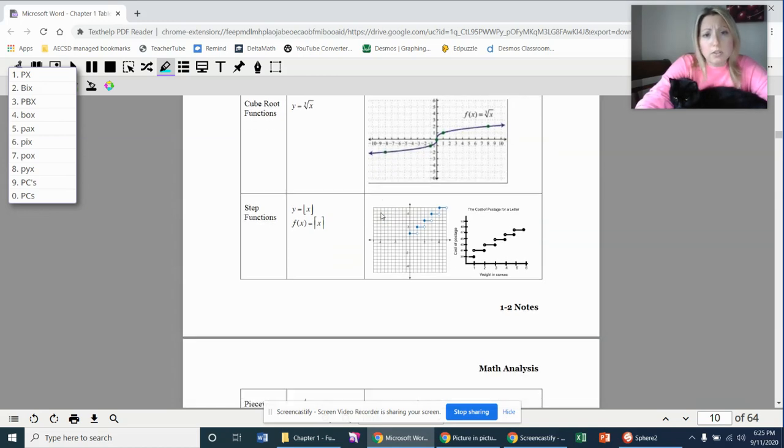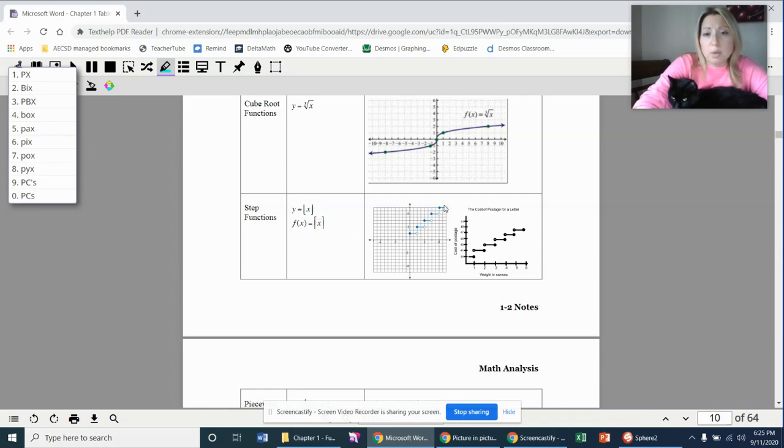Same kind of thing with step functions. These are the notations for step functions. Hands on the ceiling or feet on the floor is how you can think of it. These are rounding: this is greatest integer, this is least integer, and these are also referred to by this notation. You're rounding down or rounding up is what you're kind of looking at for things like these.